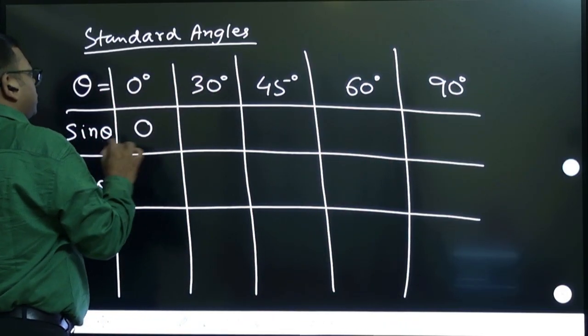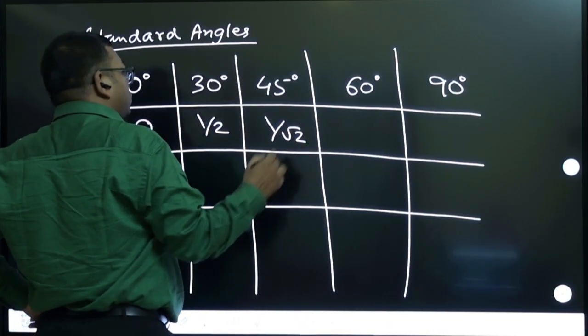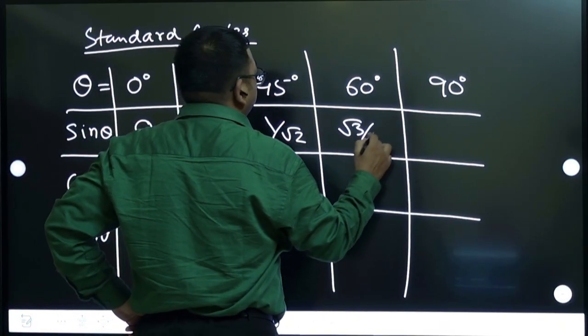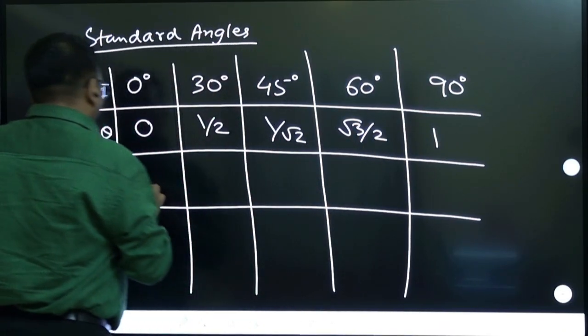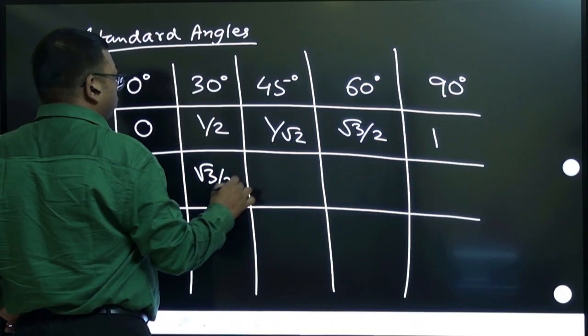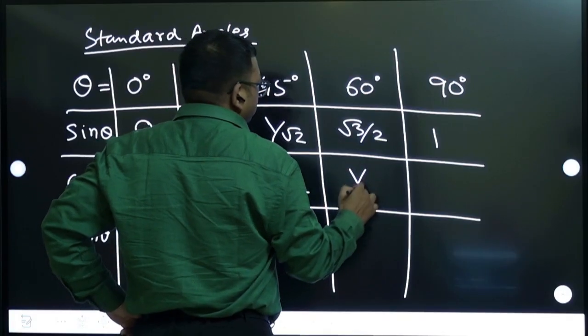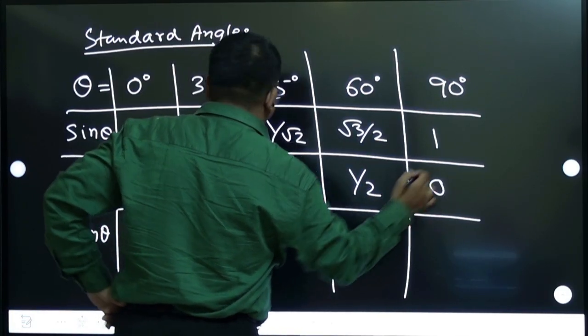Sin 0 is 0, sin 30 is half, sin 45 is 1 by root 2, sin 60 is root 3 by 2, sin 90 is 1. Cos 0 is 1, cos 30 is root 3 by 2, cos 45 is 1 by root 2, cos 60 is half, cos 90 is 0.